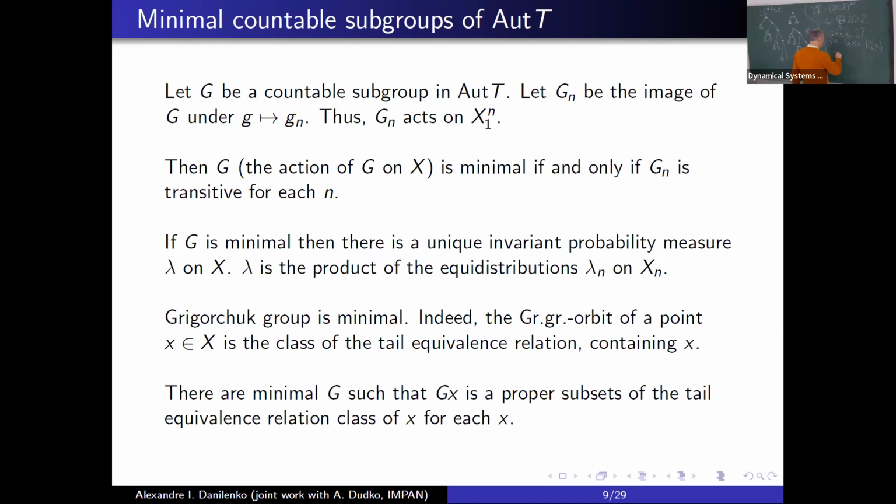Two points are called tail equivalent if there is n such that xn equals yn for every n greater than that.